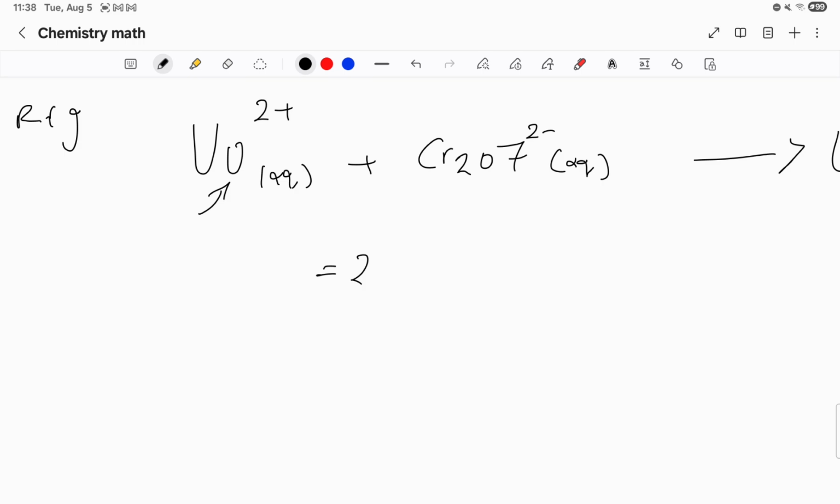Anyways, back to it. Oxygen is -2. What is this one? I believe this is called iridium. Well, I don't know what this is called. Let's try to find it.